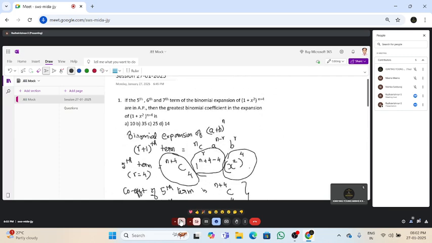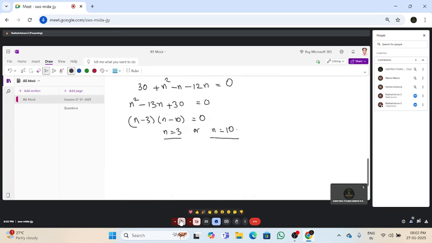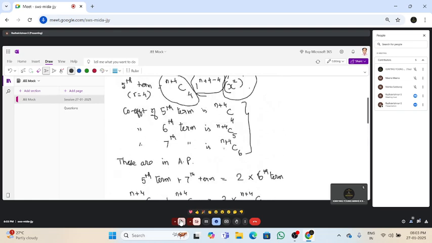Greatest binomial coefficient in this expansion. But this expansion is therefore 1 plus x square to the power of 14 தான் நம்ம expansion. n plus 4 or 10 ன்னு போட்டா 14, 3 ன்னு போட்டா 7 வரும். 1 plus x square தானே?